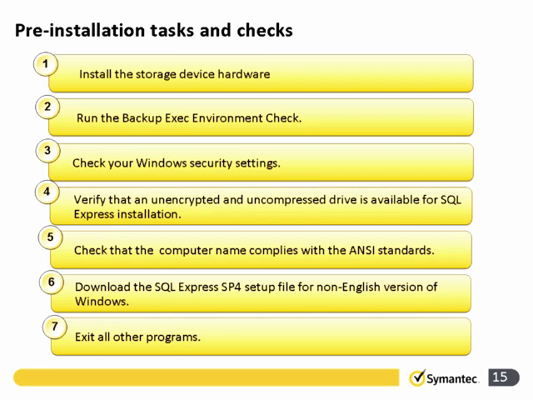If you are using a non-English version of Backup Exec and you want the database to also be a non-English version, you will have to download that SQL Express installation or point Backup Exec at an existing SQL installation. Make sure all Windows applications are closed, and then you are ready to run this installation.